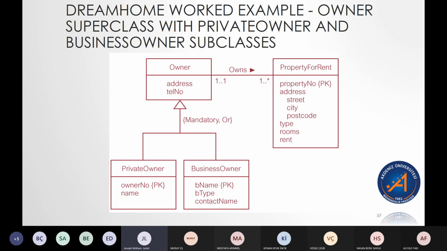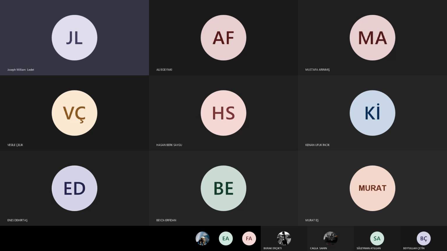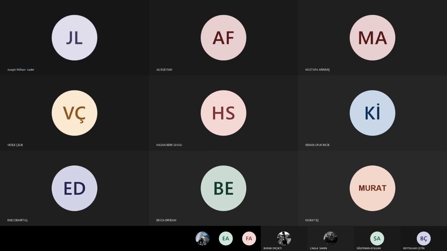Mandatory or, we had an example of that before. All right. I think optional or, an example of that there. Okay. All right. So that concludes the ER diagram. Okay. That concludes the ER discussion.